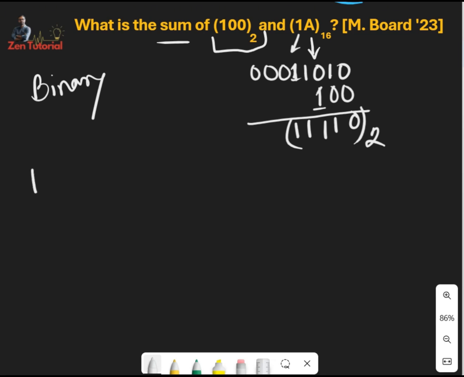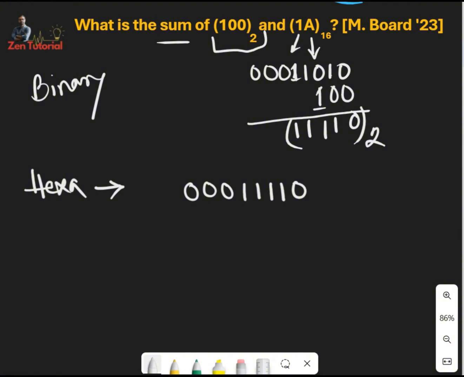Now for hexadecimal, what was the result of this sum? It was actually this 30. Now write down 0001 1110 actually. So here are actually 8 bits, right?